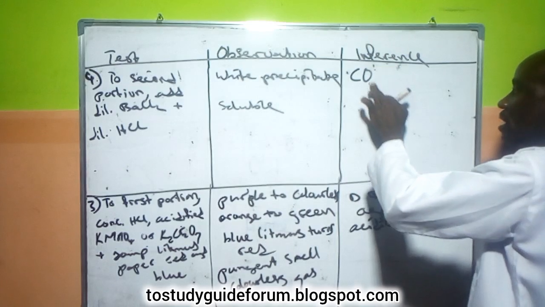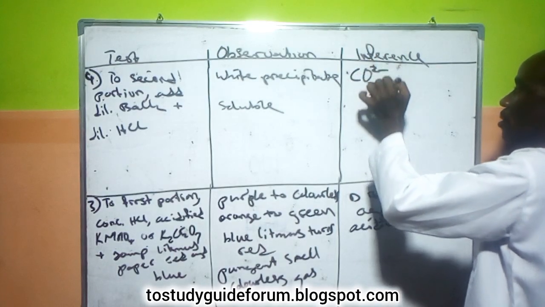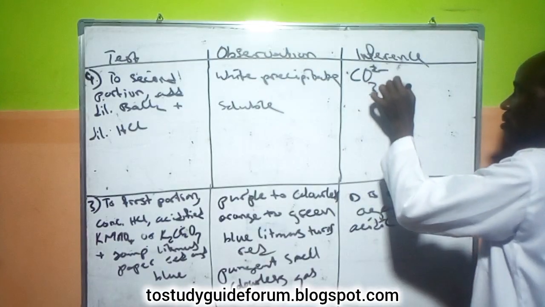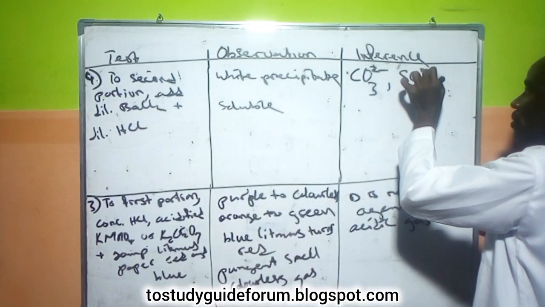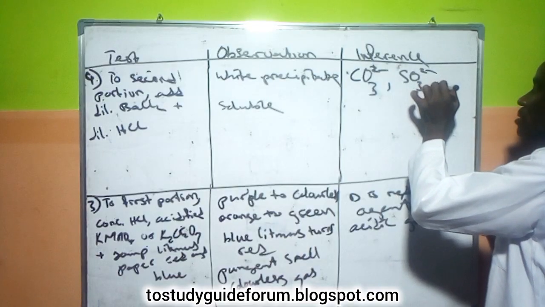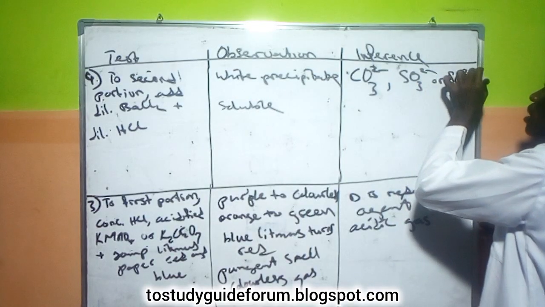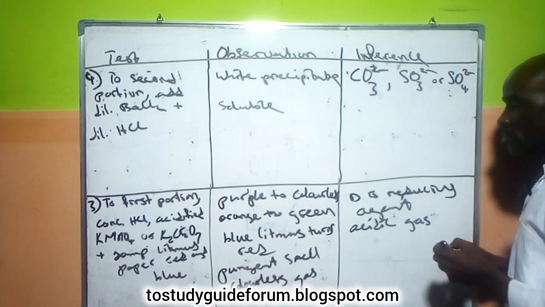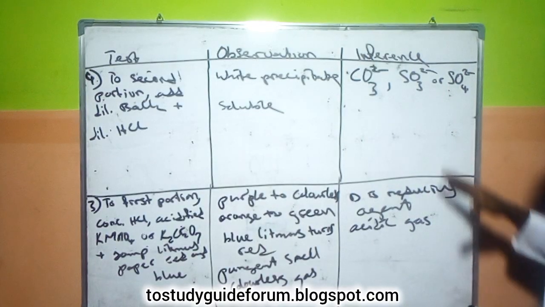let's leave this gas. We're talking about the ions. Ions like carbonate ions, and we can also be expecting sulfite ions, and or sulfate ions.